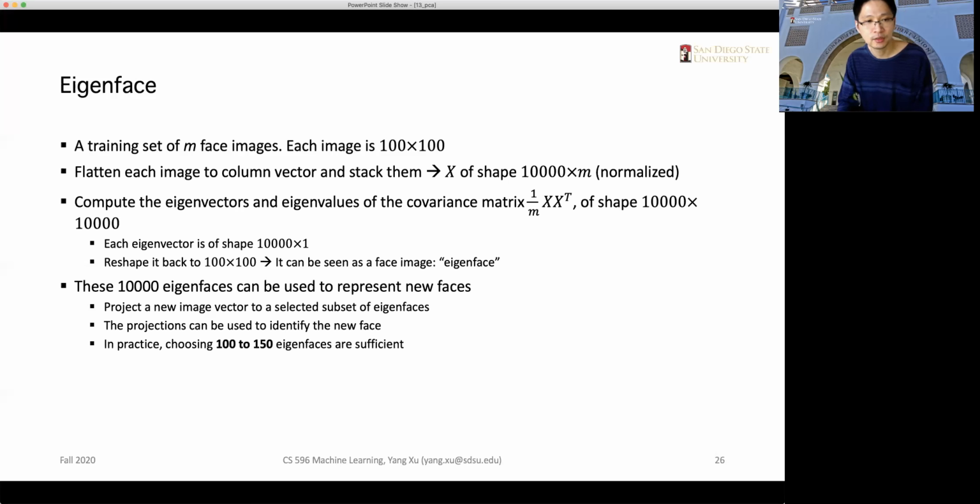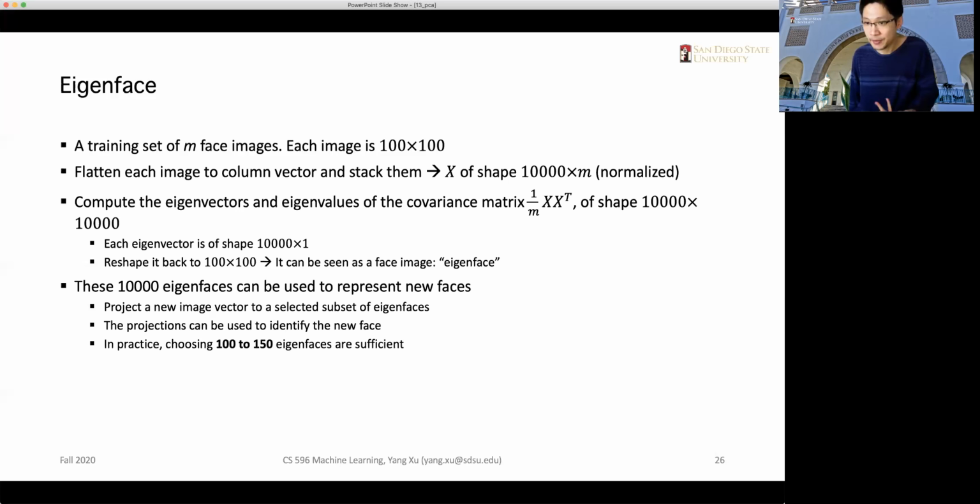Okay, so in practice, we don't need to keep all the 10,000 eigenfaces. And luckily, we just need to use 100 or 150 eigenfaces to conduct face recognition that is sufficiently good.